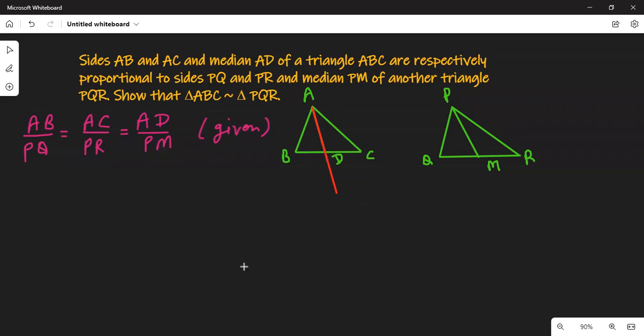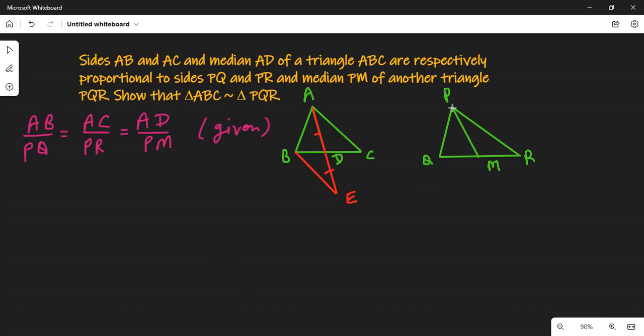So let's say this point here is E, and we are extending in such a manner that AD and DE are equal. And then join BE. Yes, B to E.